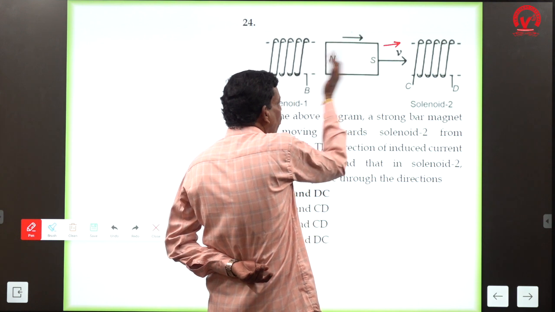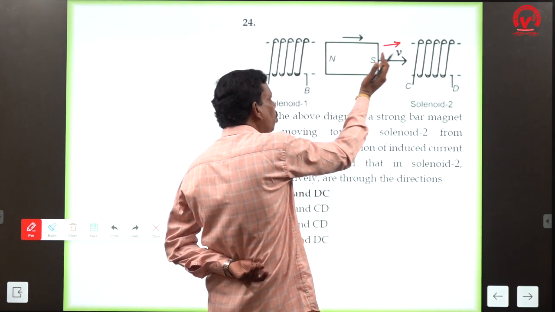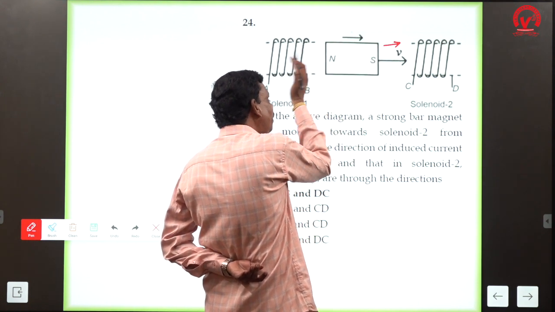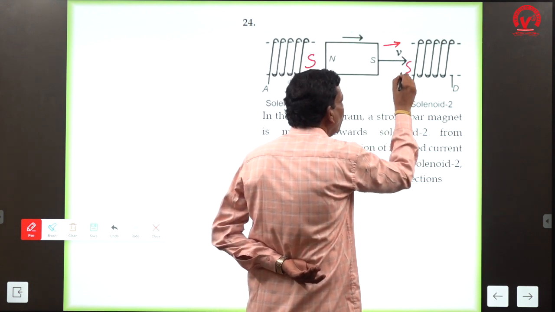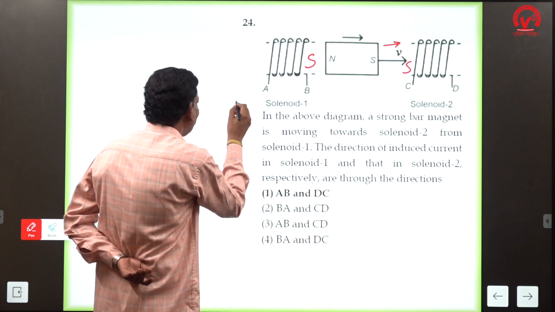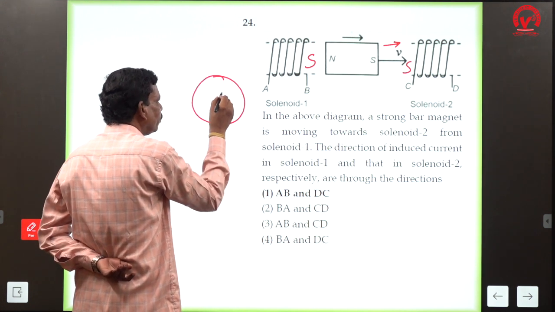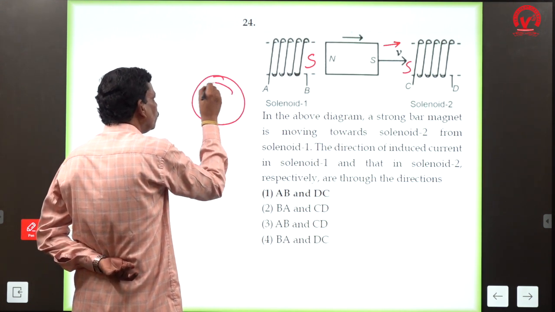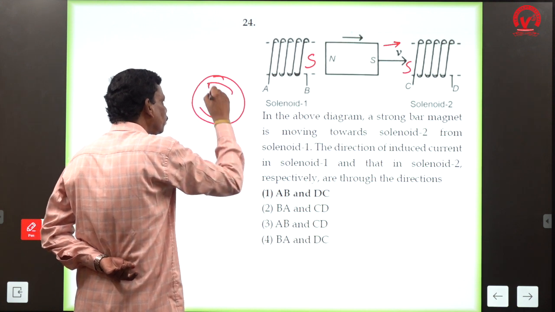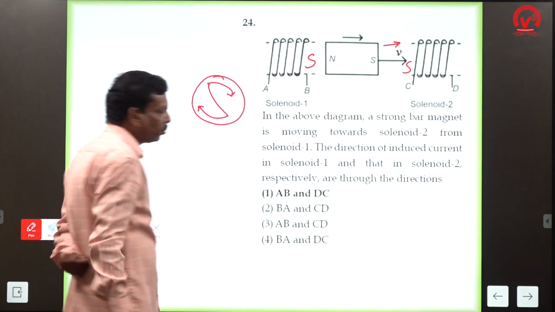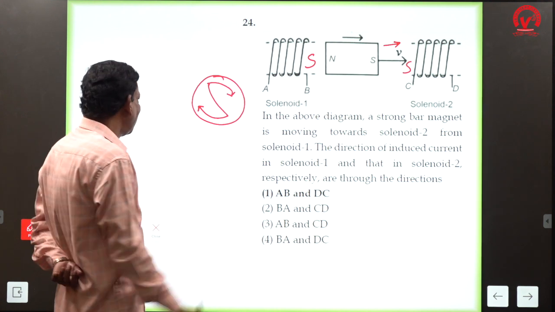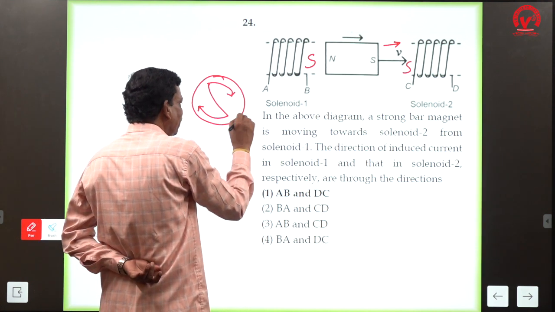Then as it moves from solenoid 1 to 2, here it must attract. That's why here same pole, here same pole. South pole gives a clockwise direction.